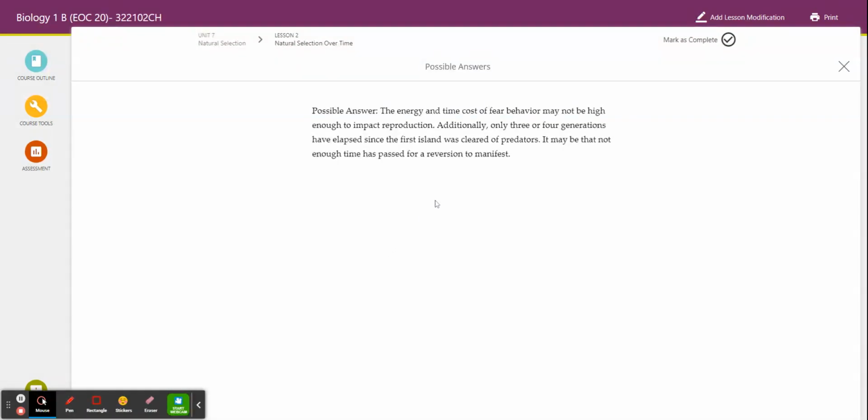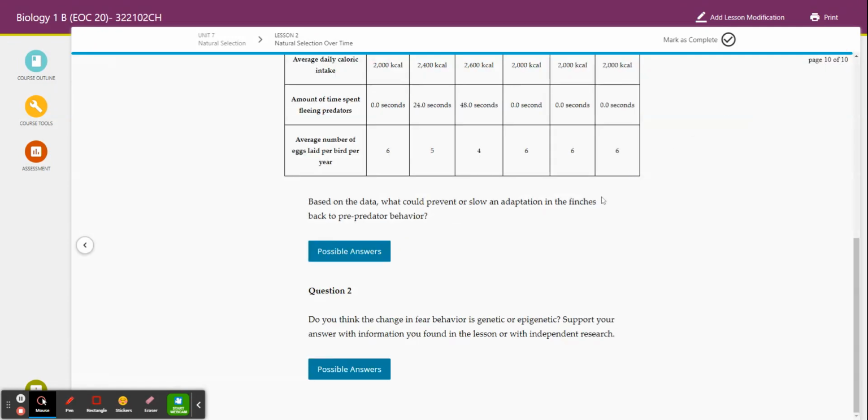Possible answer: the energy and time cost of fear behavior may not be high enough to impact reproduction. Additionally, only 3 or 4 generations have elapsed since the first island was cleared of predators. It may be that not enough time has passed for a reversion to manifest.